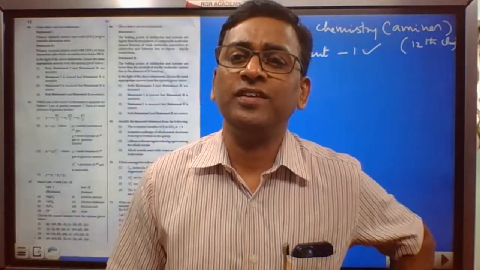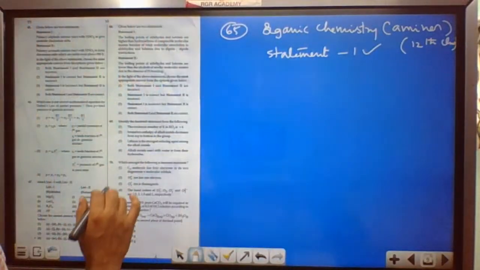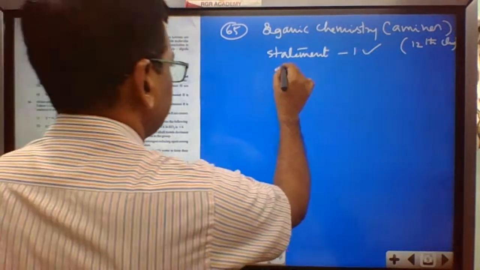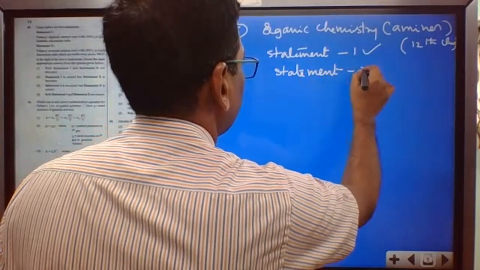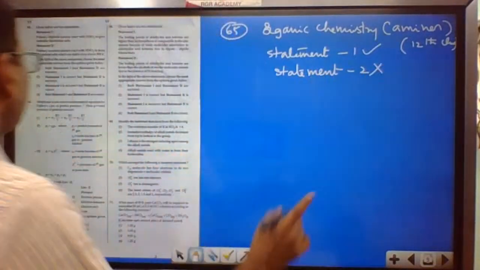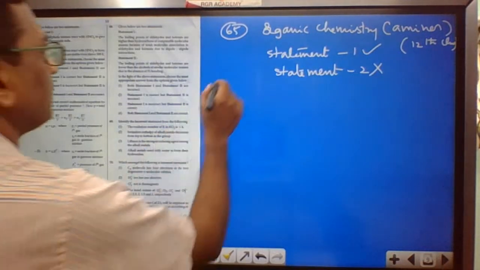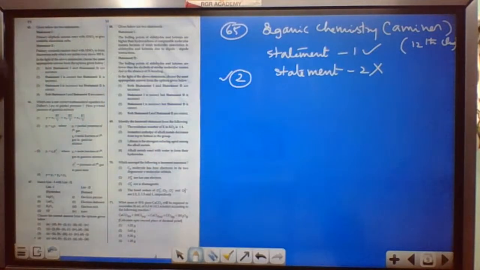So at 300 degrees centigrade, they are not stable. Statement 2 is wrong. So what is the right option here? Statement 1 is correct, but statement 2 is wrong. So the option for 65 is 2.